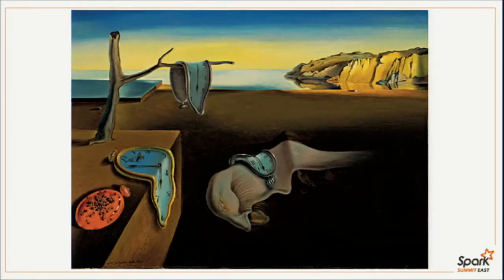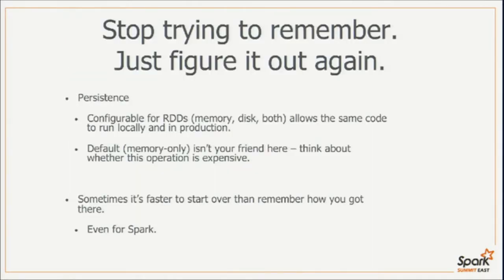So this is persistence of memory, which is always a big question in Spark: how much of the data to keep in memory versus how much to recompute. The first is that one of the nice things about not relying on in-memory is that it allows you to keep the workflow locally in dev and then in production very similar.